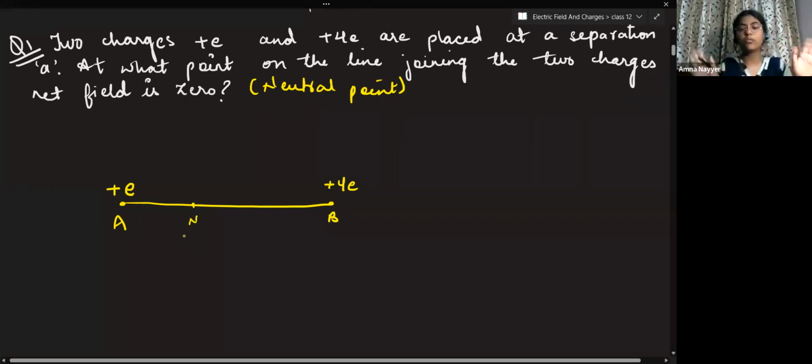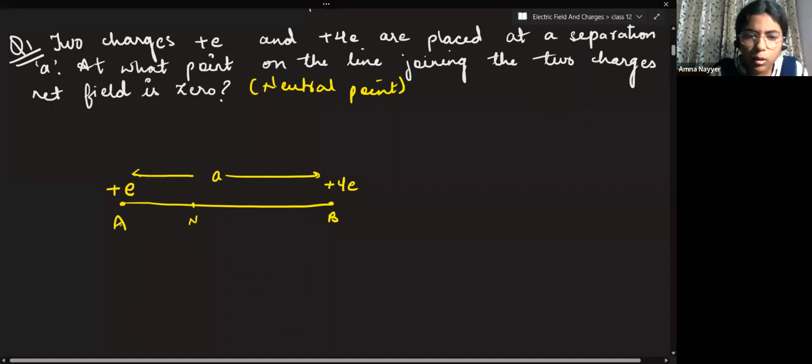We don't know what distance this is. We are only aware of one distance that is provided to us, which is this distance AB. To calculate this point, what is the separation of the neutral point from this A point? Let's take it as X.